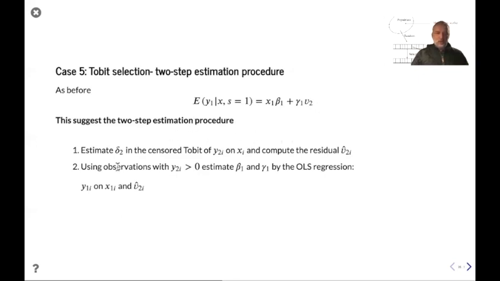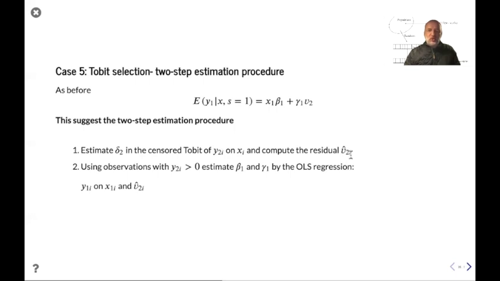So then we estimate again. What we can do here is estimate delta from the reduced form equation, basically doing a Tobit of y2 on x, and then compute this residual here.